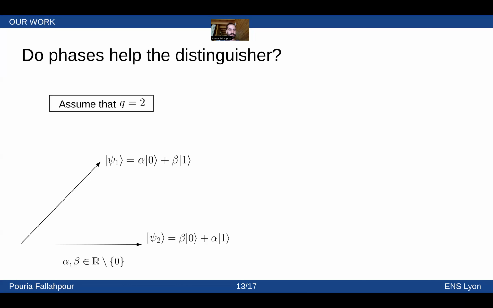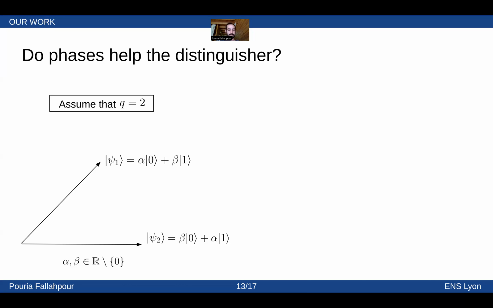So let me give an example. Assume that Q is equal to 2. So we have two quantum states, psi 1 and psi 2, and assume that alpha and beta are not 0. And actually, we observed that phases do help to increase the success probability of the distinguisher for these two quantum states.